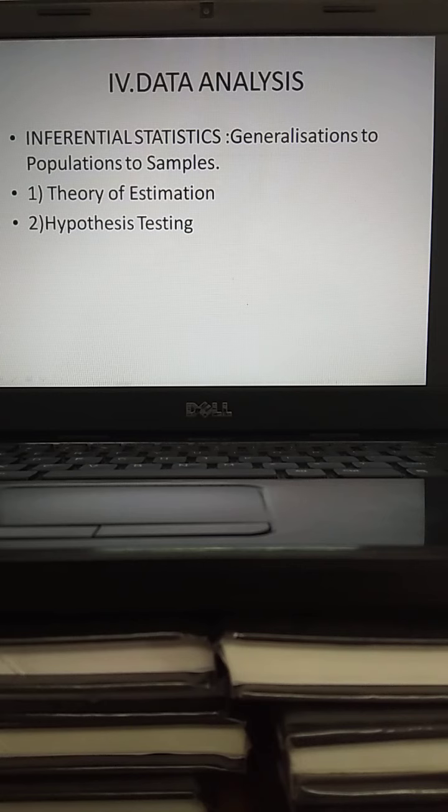Then when do you use the theory of estimation? And when do you use hypothesis testing? Very, very important discussion this. The theory of estimation is useful when you are going to understand any population about which no information is available.